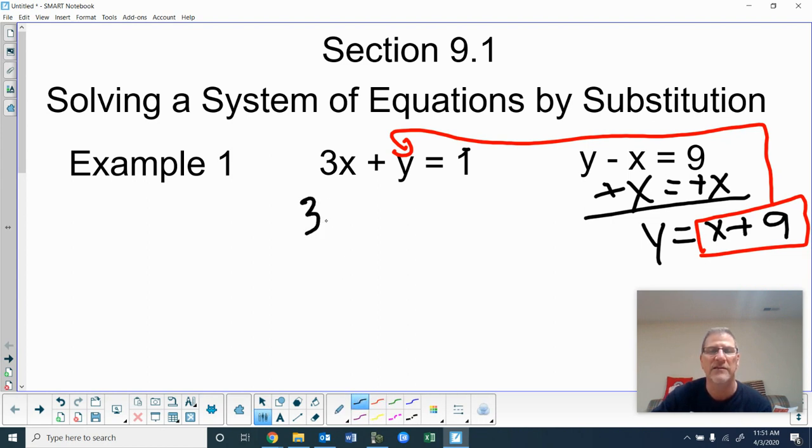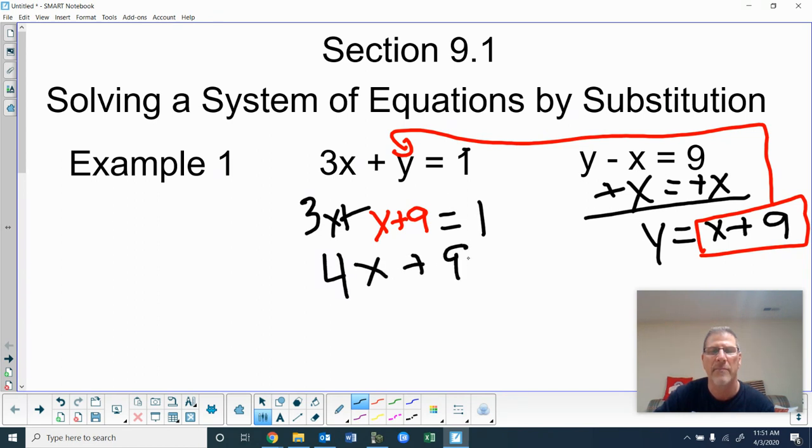So I have 3x, forgot my x, plus, and then I'm going to put that x plus 9 in for y. So they're different colored because you see I'm substituting. That's why we call it substitution. Equals 1. So I'm going to combine like terms. 4x plus 9 equals 1.